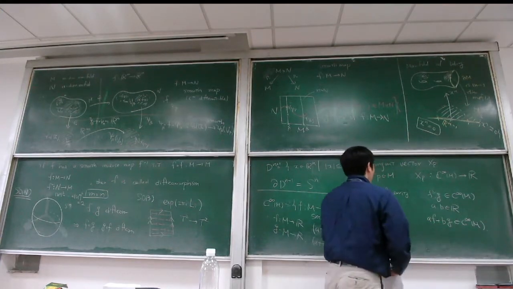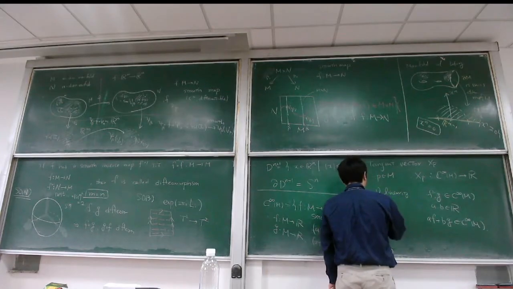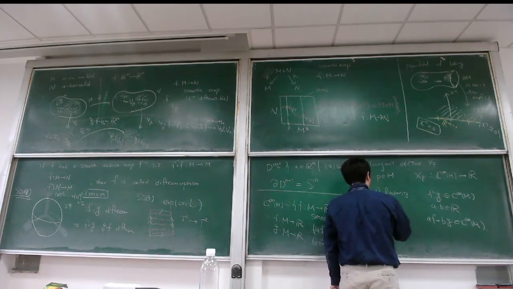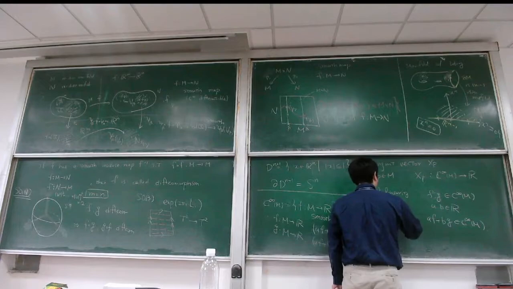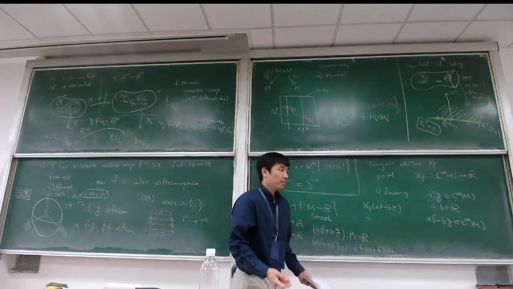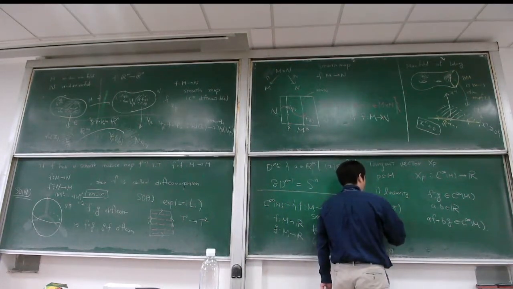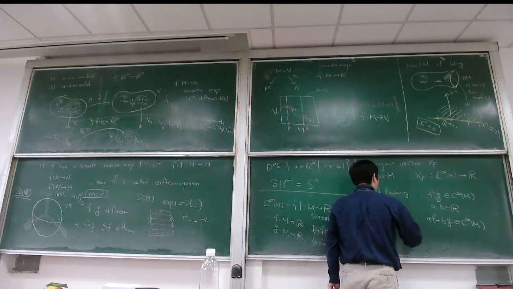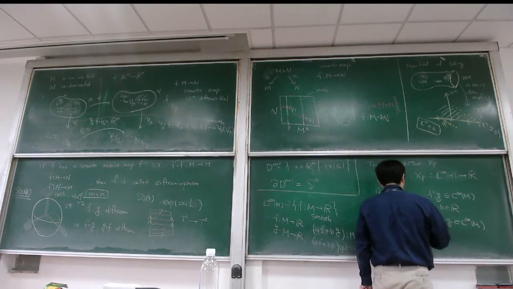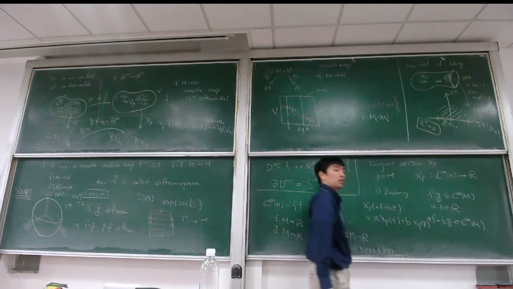Okay. So then one can apply Xp to af plus bg, and linearity means a Xp of f plus b Xp of g. Do you understand?